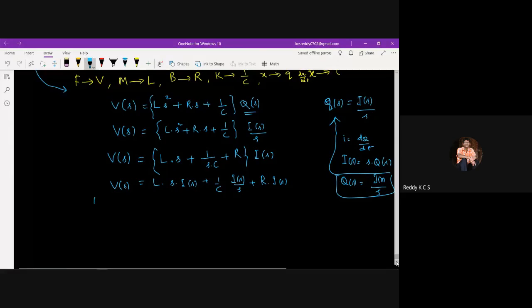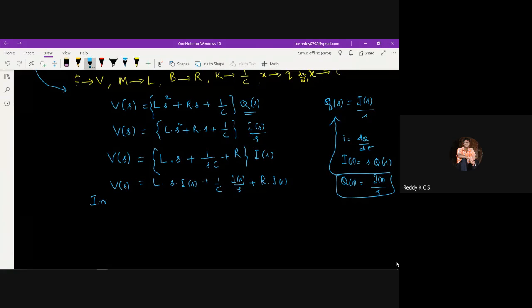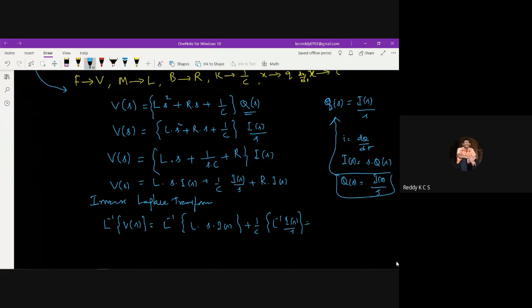So if I apply the L inverse Laplace transformation, then I can get L inverse of V of s is equal to L inverse of L into s into I of s, plus 1 by C, of course, L inverse of I of s by s, plus R into L inverse of I of s.